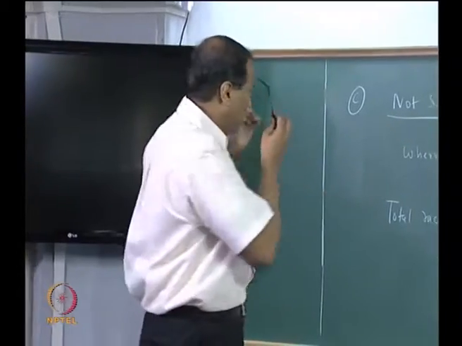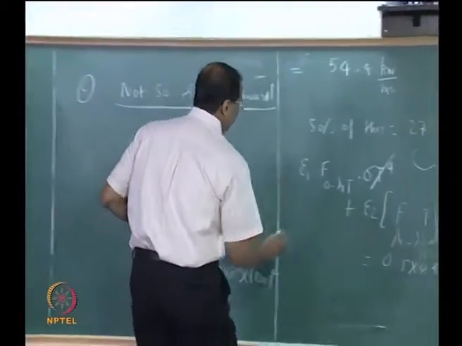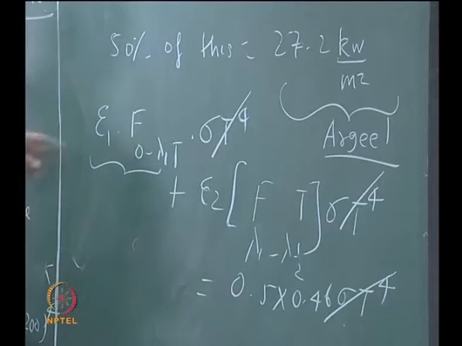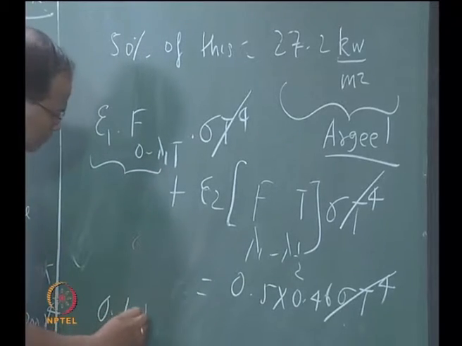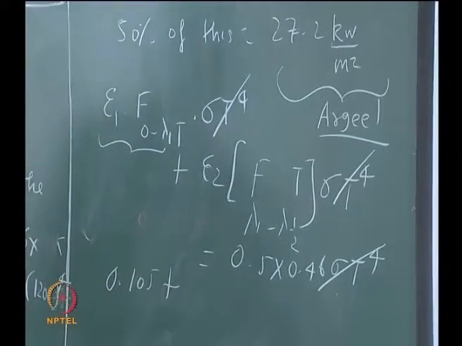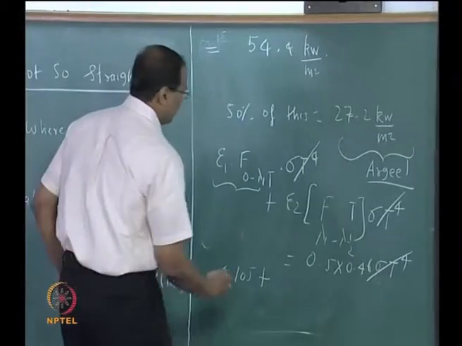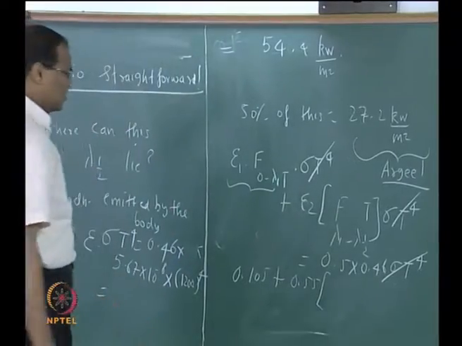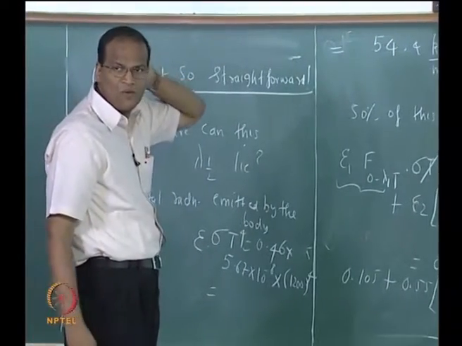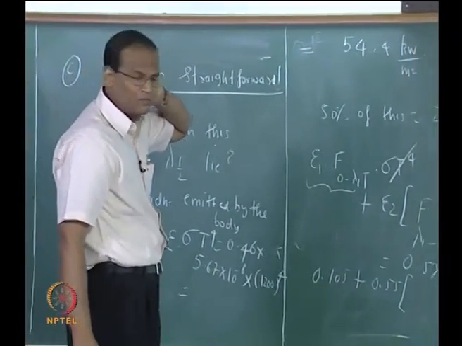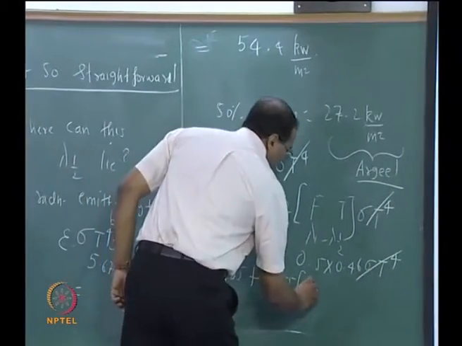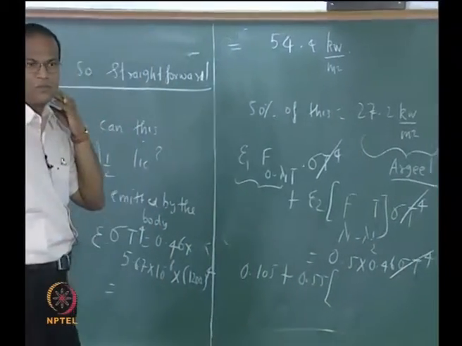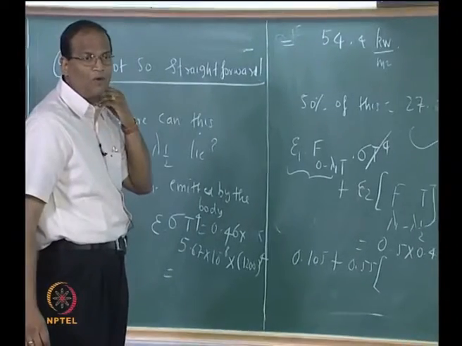Fine. Now can you do this? The first term is 0.105 plus epsilon 2, which is 0.55, times what is epsilon lambda 1 lambda 2. I do not know lambda half.